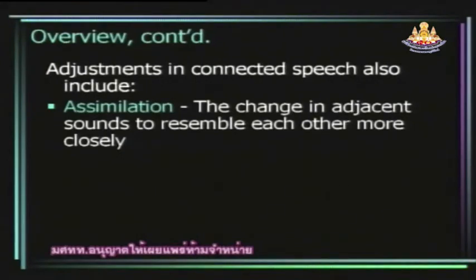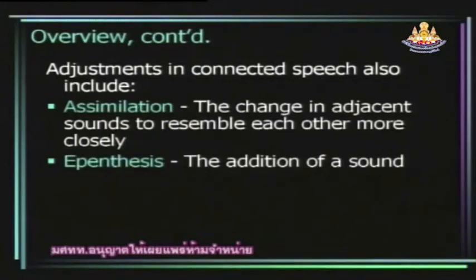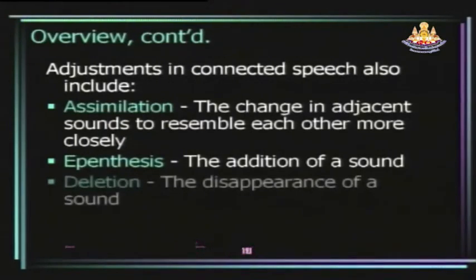Epenthesis, which is the addition of a sound, very often again to make a word easier to pronounce. And finally, deletion, which very simply means one sound disappears when we pronounce the word, and that makes it also easier for us to pronounce. So 3 types of adjustments: assimilation, 2 sounds becoming closer to each other, epenthesis, a new sound being inserted, deletion, one sound disappearing.